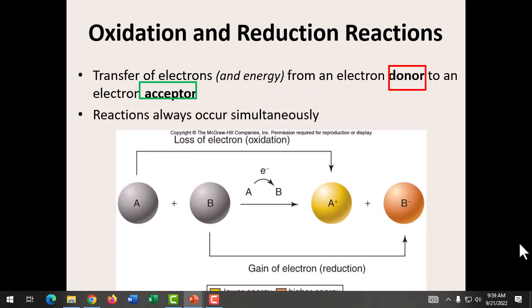Now, when we do break things down and build things up, a lot of times as we break things down, we release not just energy, but we release electrons. And electrons carry energy. Anything that has extra electrons does actually have extra energy with it.